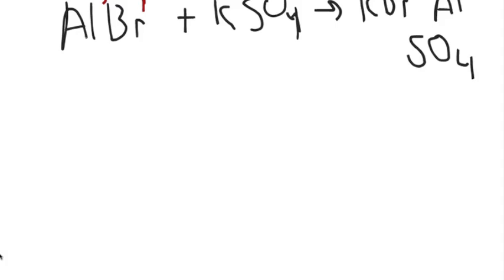Potassium is +1, and SO4, as we saw in the complex ion card, is -2. Potassium, once again, is +1. Bromine is -1. Aluminum is +3.